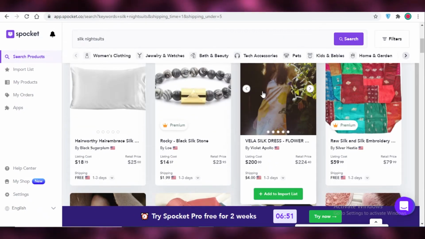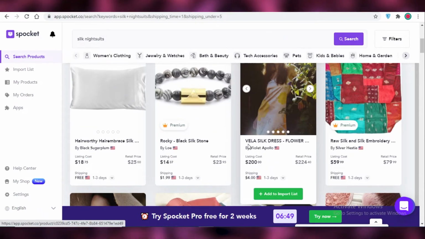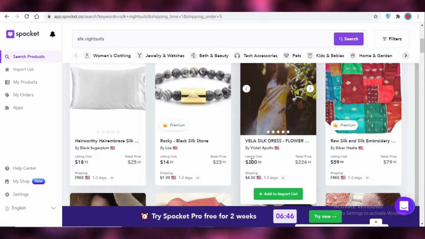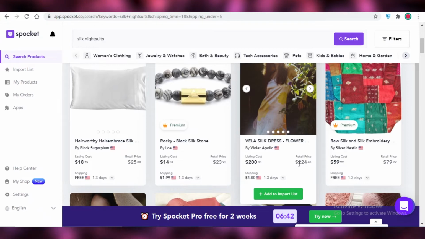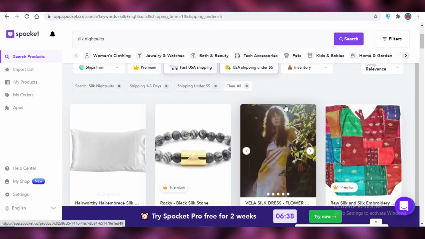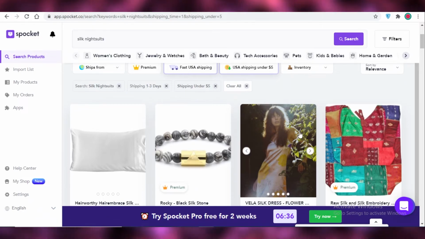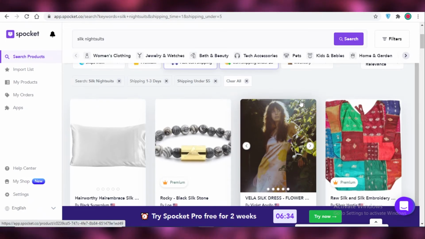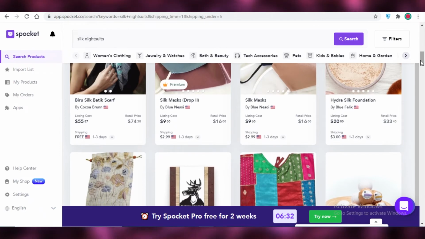So even here, just by looking at this, you will see a silk dress that is $200 as the listing cost, and it is selling for $224. So although it's an expensive product and you will have to have a lot of capital to buy this, you will have a larger return on investment.